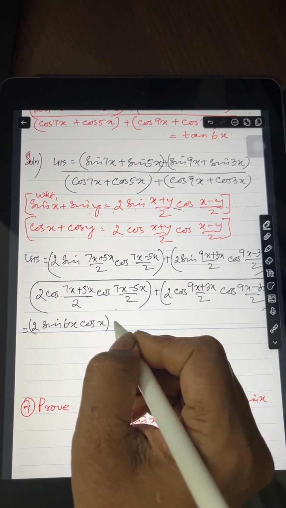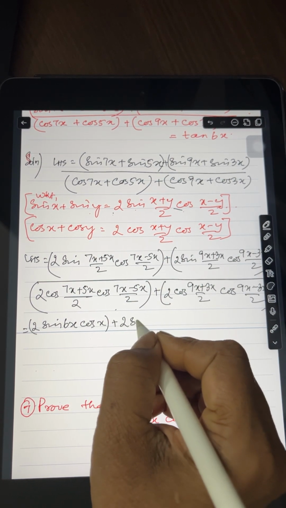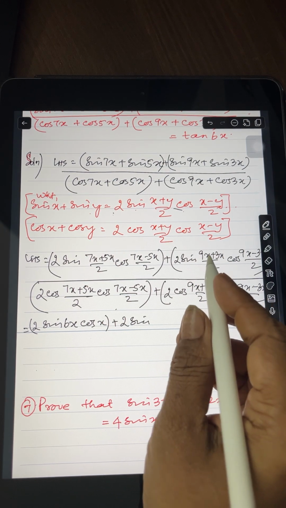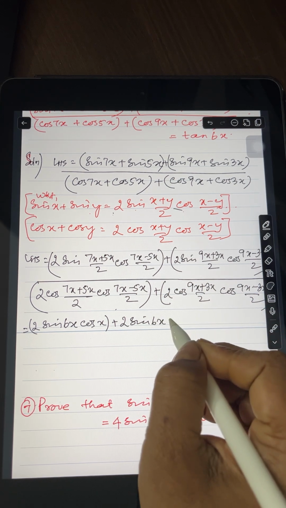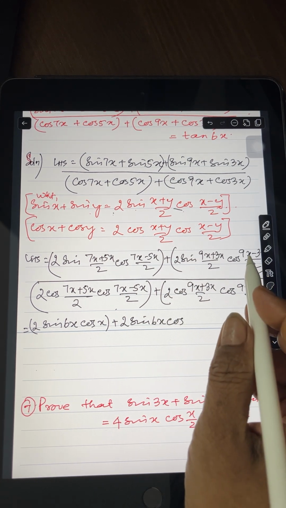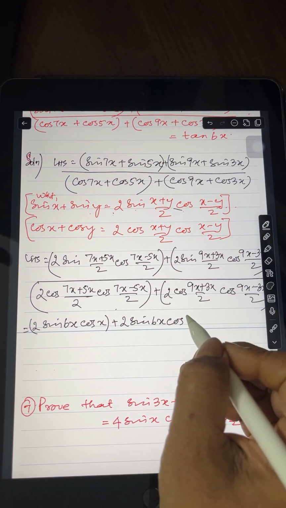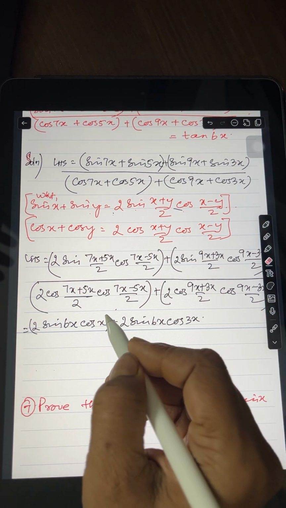Plus 2 sine of 9x plus 3x, again 12x, and 12x by 2 is 6x. Then cos of 9x minus 3x is 6x, and 6x by 2 is 3x. I'll remove this bracket from here.